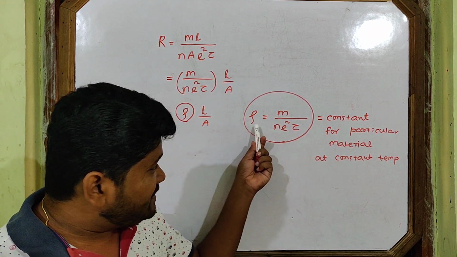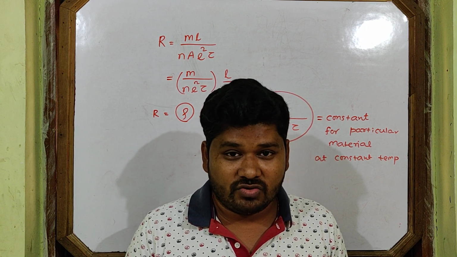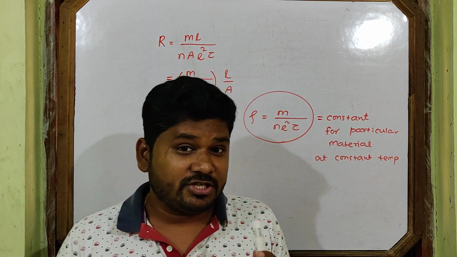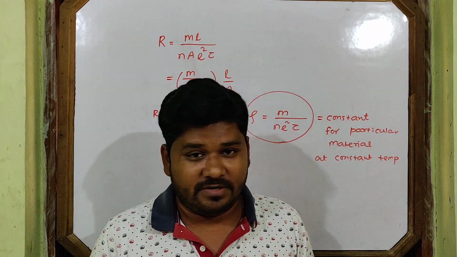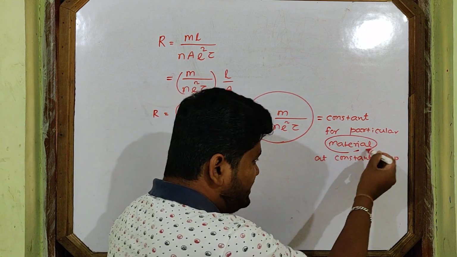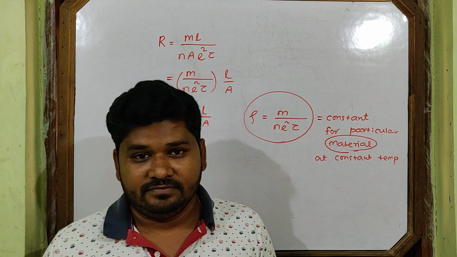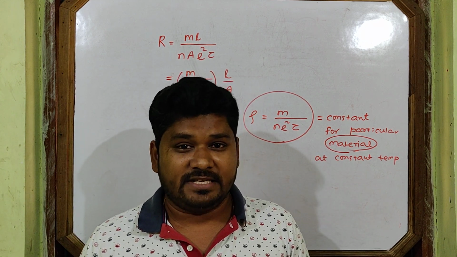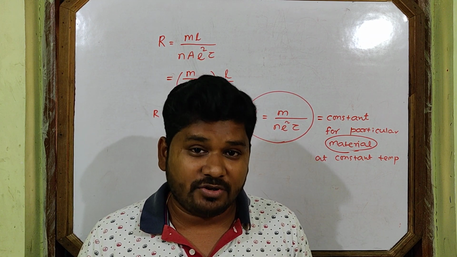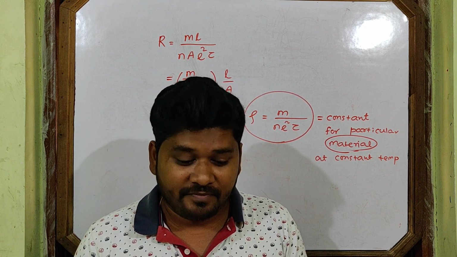But in specific resistance or resistivity, the geometry is now out. Resistivity doesn't depend on the geometry of the conductor. It only depends on the material and the temperature. If in the exam the question comes, resistance depends on which factors?